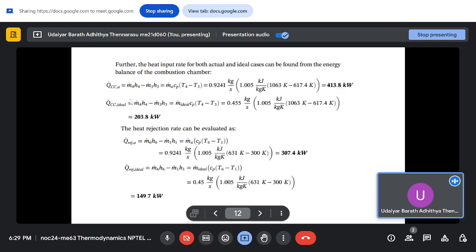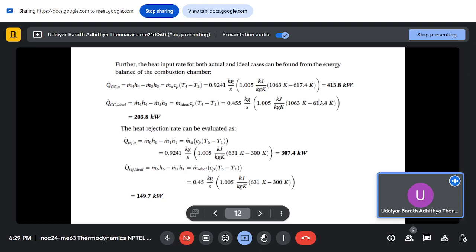And for the ideal case, similarly you use the ideal mass flow rate, which is 0.455, into your T4, which will remain the same, there is no change in T4, but your T3 is also the same because your heat exchanger, you are assuming it to be 100% efficient, so your inlet and exit to the heat exchangers are the same.